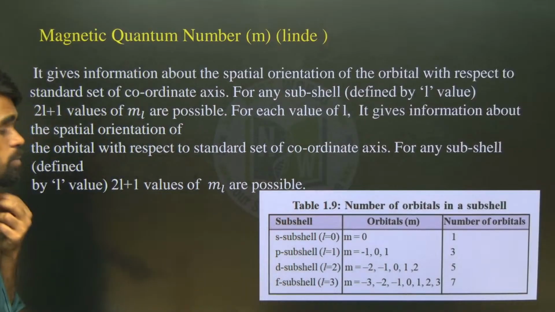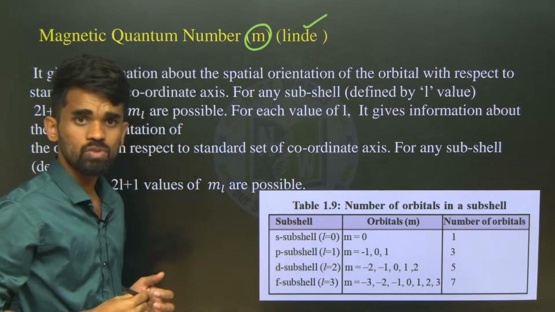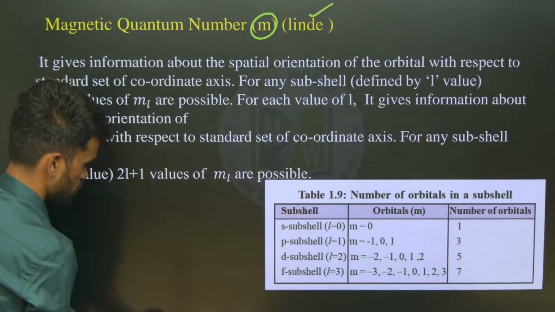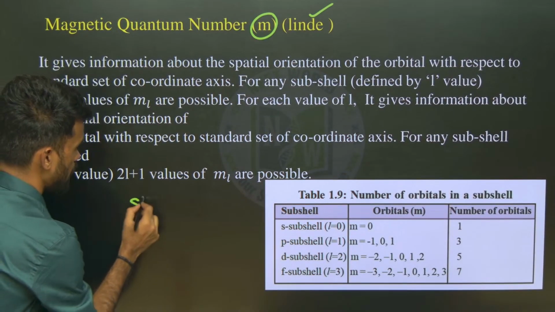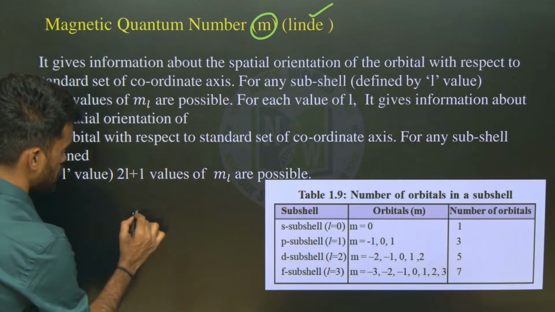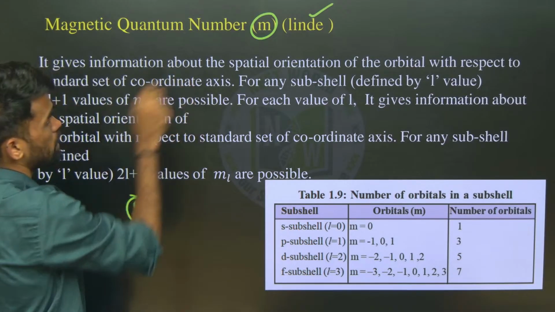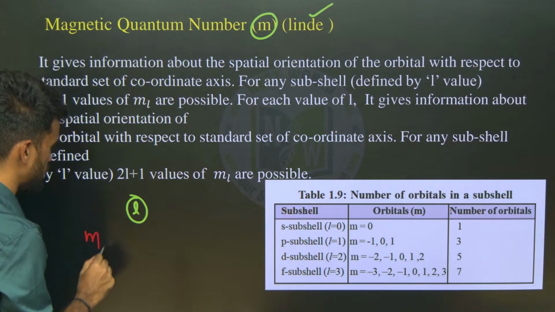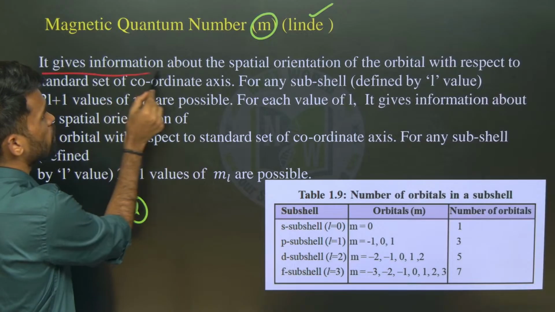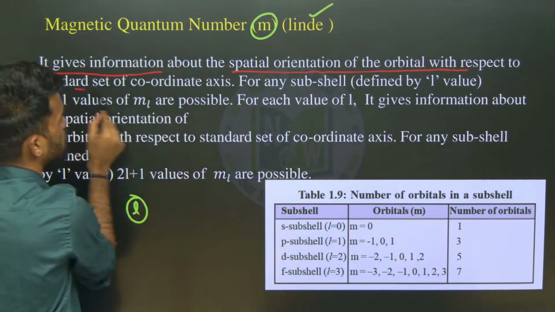Next, we have the magnetic quantum number, indicated with m and given by Lande. For a subshell l, how many magnetic quantum numbers are possible? That is indicated with ml. It gives the information about the spatial orientation of the orbital with respect to the standard coordinate axis.